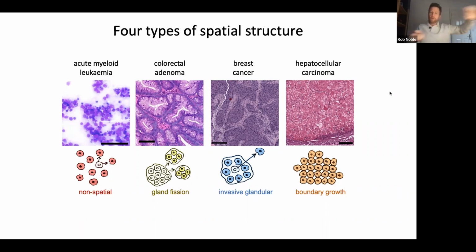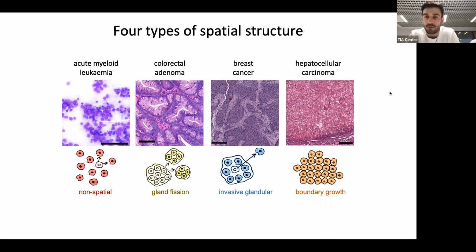And in that case, they push other patches out of the way in order to do that. And similarly, when we look at the other models, like the invasive glandular and the boundary growth model, we run variants where cells are only able to divide if they're near the edge, or where they can divide throughout and replace their neighbors and so on. So we tried to look at as many variants as we could think of, given this setup of cells being divided into little square patches.